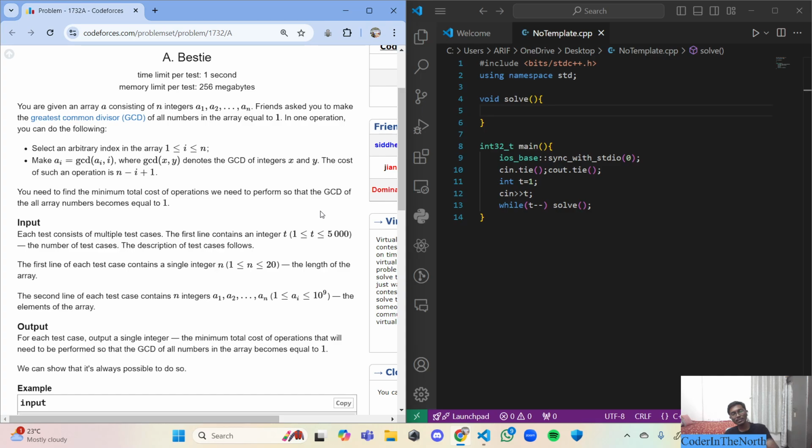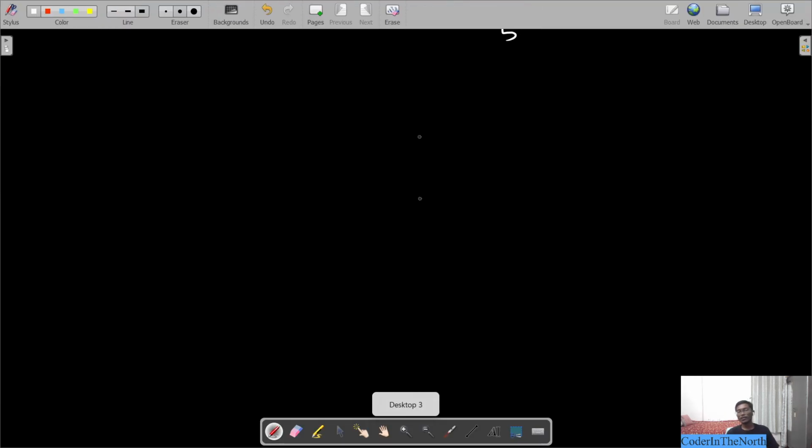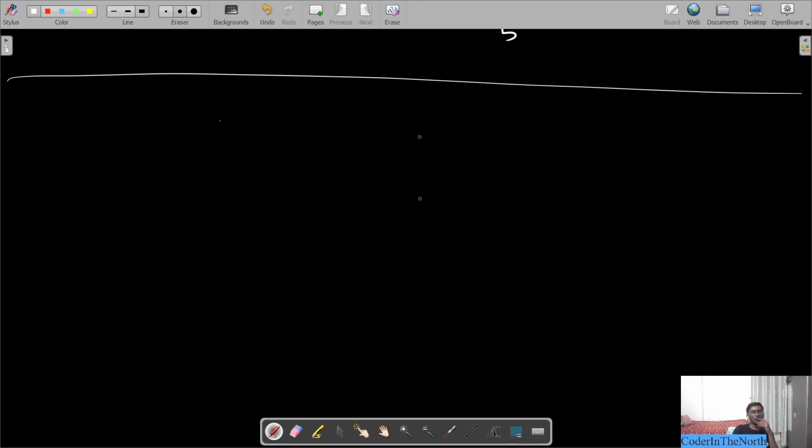Now I'll introduce a new concept: coprime. What coprime says is, A and B are coprime if their GCD is 1. It's not necessary that A and B will be prime.